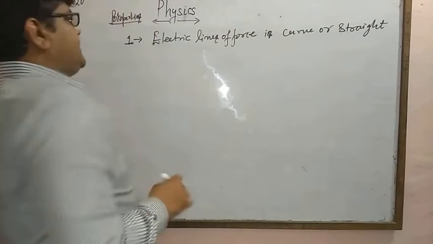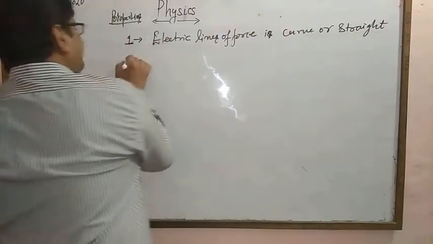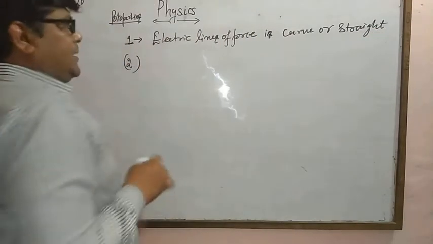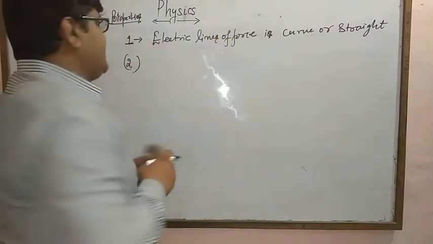First property is electric lines of force are curved or straight. They are also called imaginary. Electric lines of force are imaginary lines.